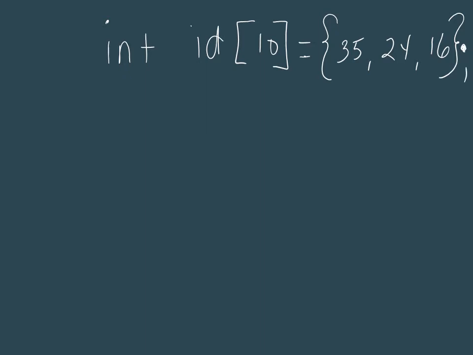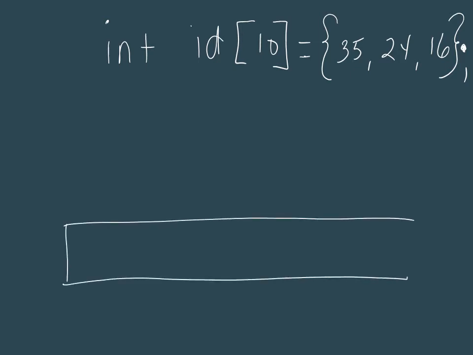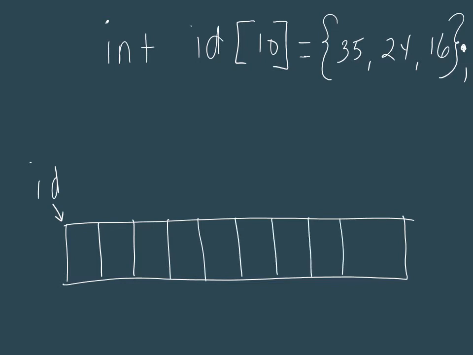The way you draw arrays, even though it is a memory, you don't really draw it like a memory map. They get drawn like this, and you're going to want to learn to draw them like this because soon we're going to be using character arrays, and when we start character arrays, you're going to start making words, and that's how we read words. So this is ID, and this is 0, 1, 2, 3, 4, 5, 6, 7, 8, 9.